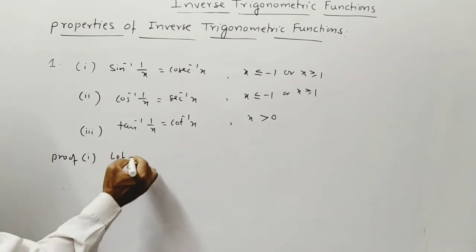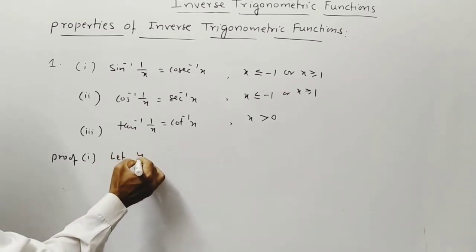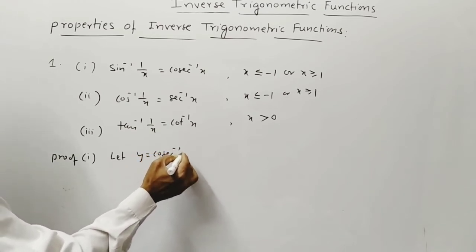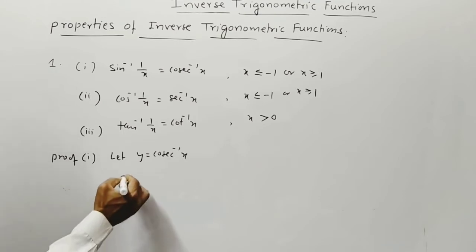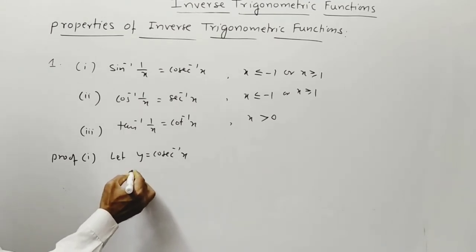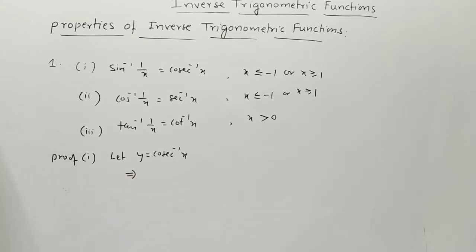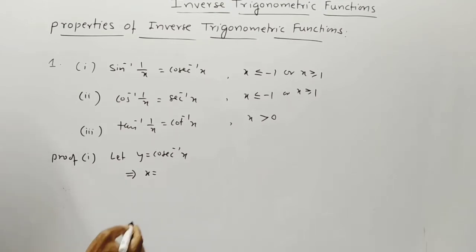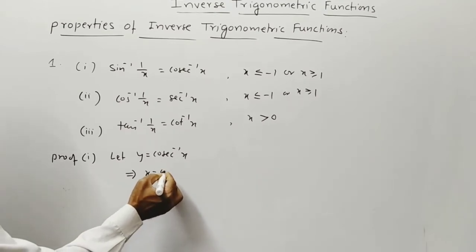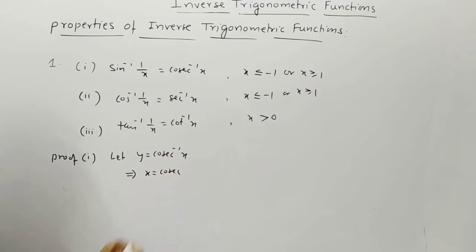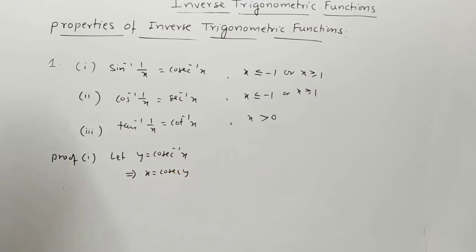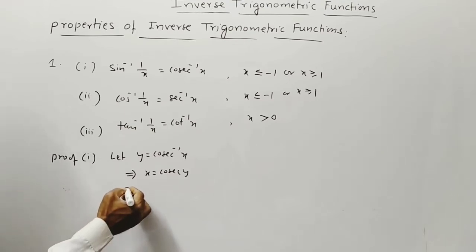Let y is equal to cosec inverse x. This implies x is equal to cosec y.